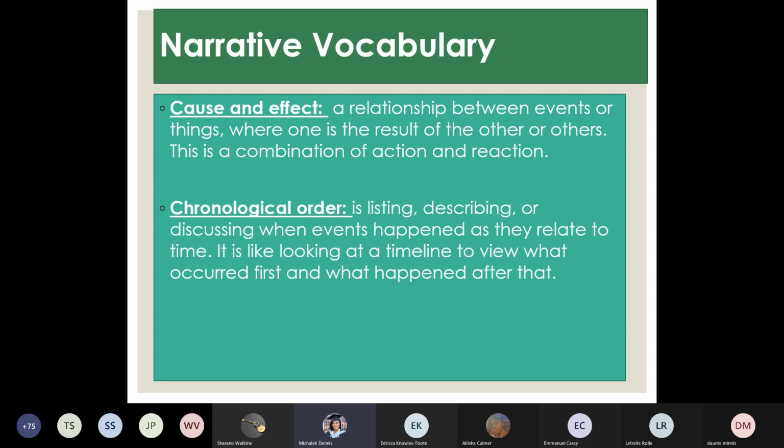Think about that beginning, middle, and end: first, second, third. That is what we do with chronological order, the sequencing of your story. What takes place first, what takes place second, and what takes place after the first and second events.